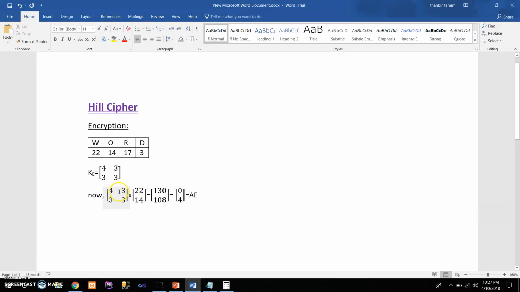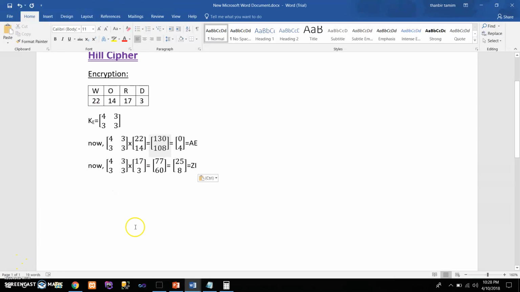So by using the same process, we'll multiply this encryption key with the two values, 17 and 3. And by using the same process, we can get Z and I. So our cipher text is AEZI.